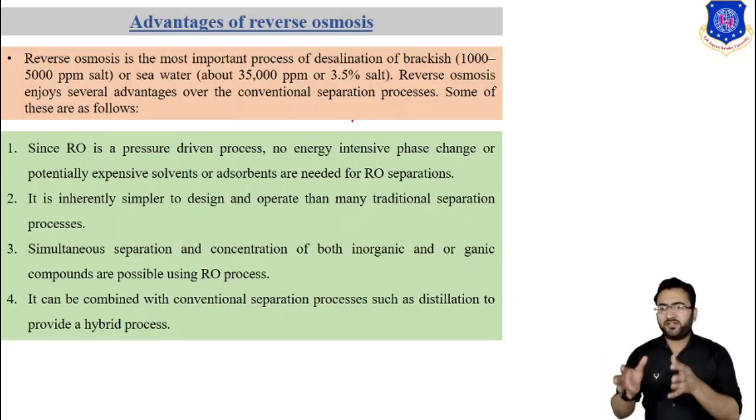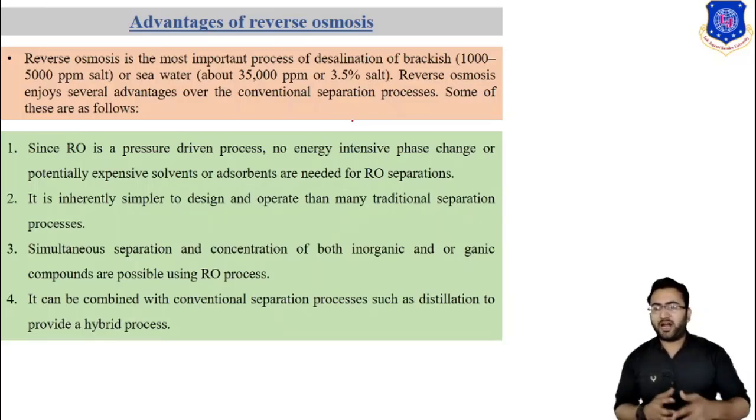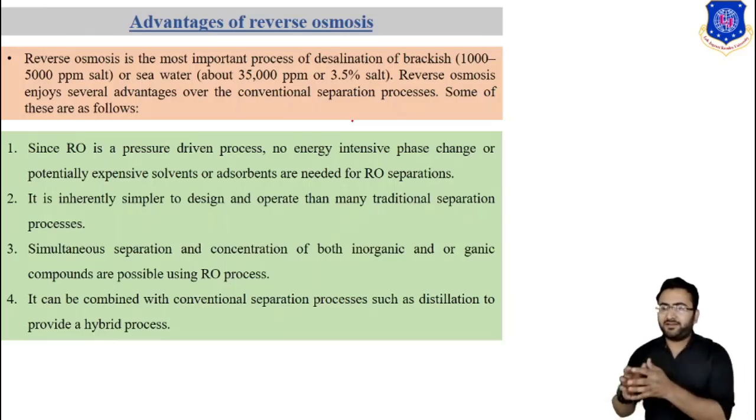The third advantage is that in reverse osmosis, simultaneous separation and concentration of both inorganic and organic compounds is possible using this process. The fourth advantage is that it can be combined with a conventional separation process such as distillation to provide a hybrid process.